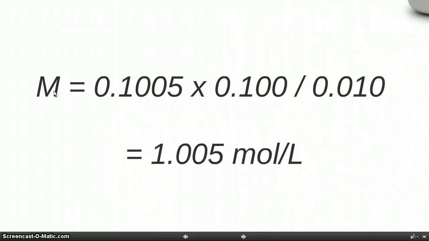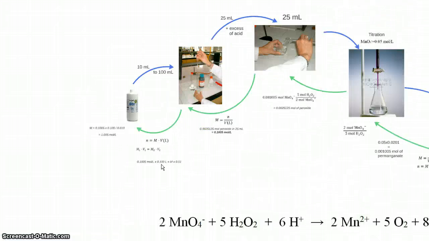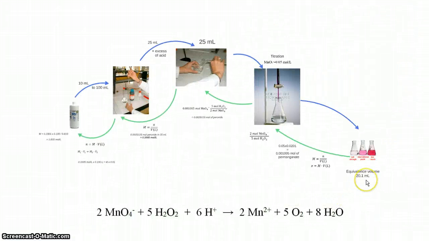So we can work out the concentration of hydrogen peroxide in the bottle, and that will be equal to 0.1005 multiplied by 0.1 and divided by 0.01, and that gives us the concentration of the bottle, in our case 1.005 mole per liter.